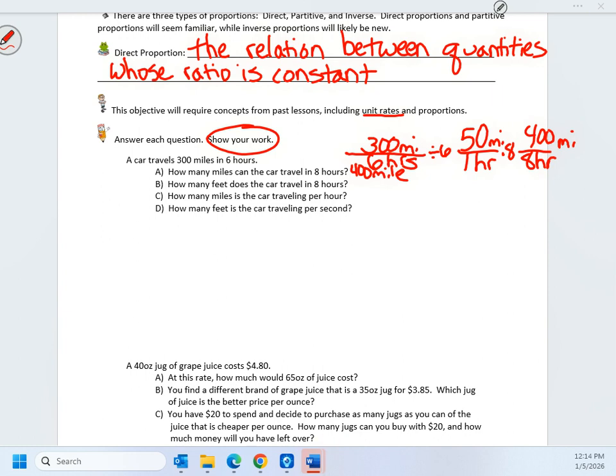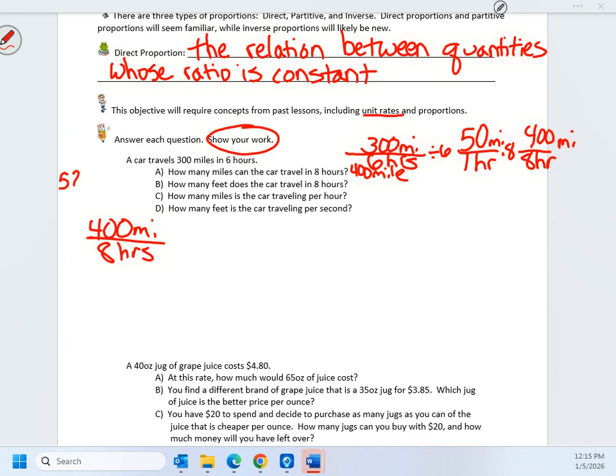Then it says, how many feet does the car travel in 8 hours? So I know I can go 400 miles in 8 hours. How do I figure out feet? What do you think I need to do, Elliot? Yeah, those conversions. How many feet are in a mile? Who remembers how many feet are in a mile? Cameron? 5,280.